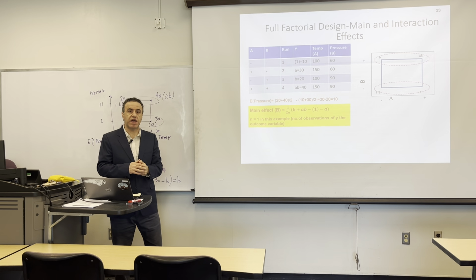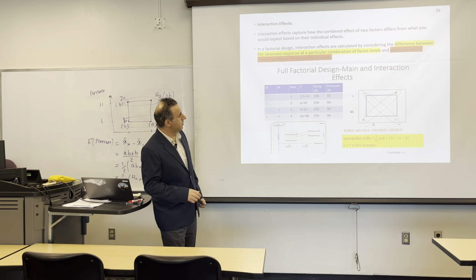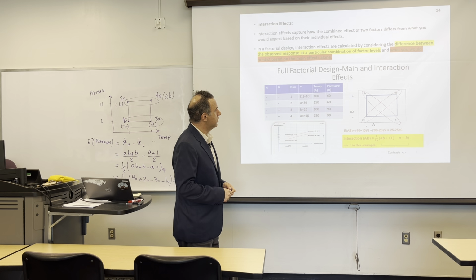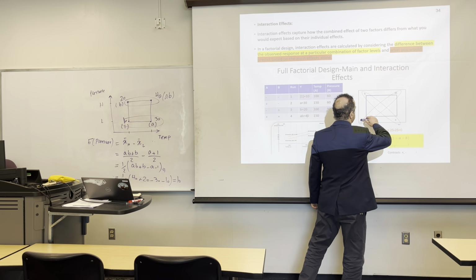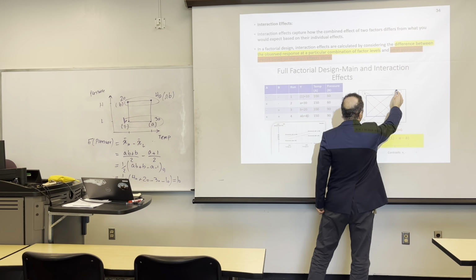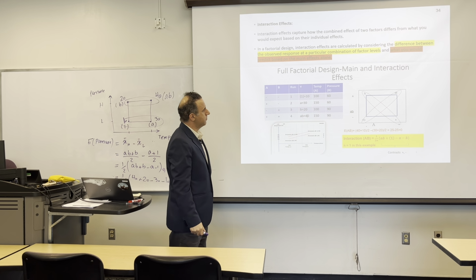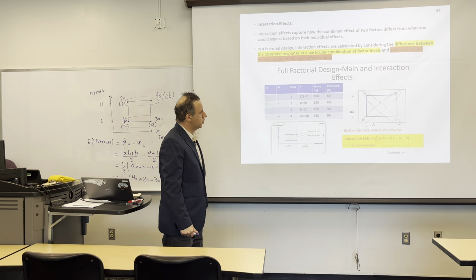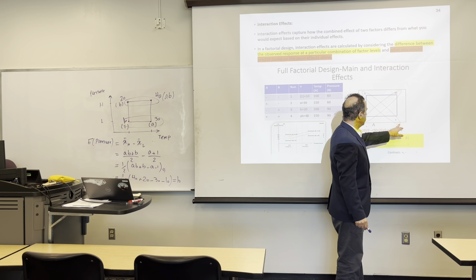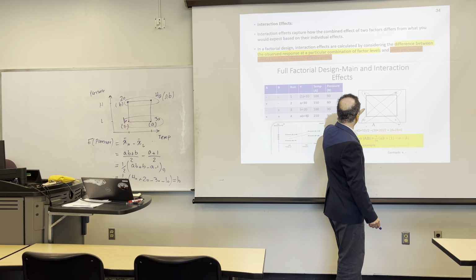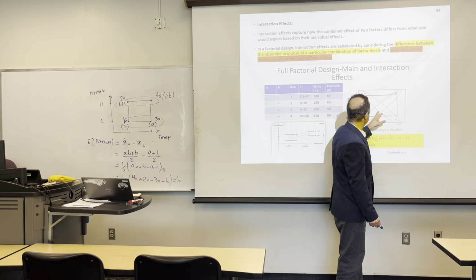But how about the interaction? Do they have any interaction? Interaction will be like this. You take the average of these two numbers diagonal and then subtract them from each other, right? This is where we have the plus of this factor and minus of this one, and this is the plus and minus of B, and this is both positive, this is both negative.